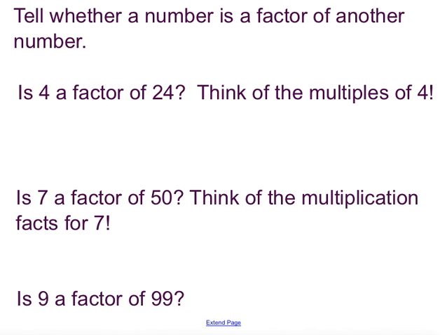Or I also could list all the factors of 24. Not necessary to do that, since if I could figure out the factors that do equal 24, where a 4 is involved, right? So I think of the multiples of 4, and I say to myself, 4 times what will give me the product of 24? So I'm thinking 4, 8, 12, 16, 20, 24. And that is 4 times 6, right?